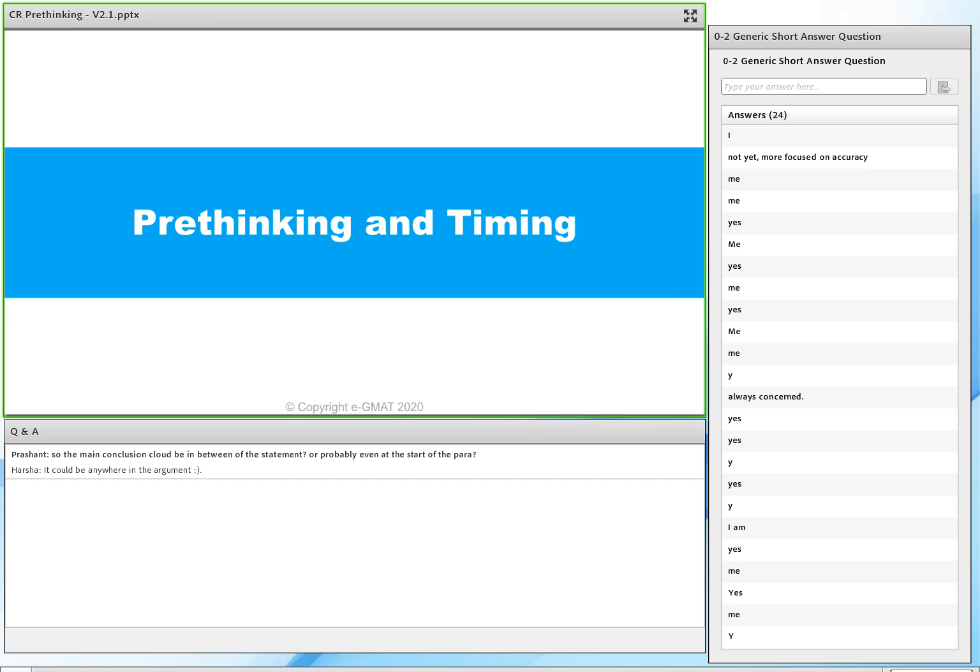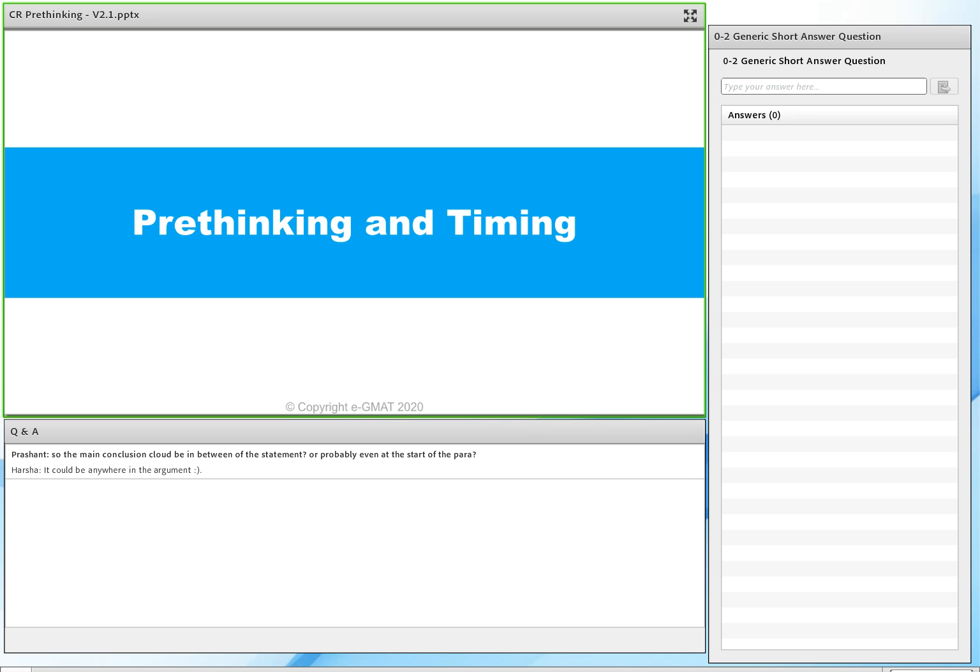The GMAT's a very different test than any test that you've seen, and just by solving questions, you can't get there. Why? Because you've got to build ability. On the other hand, if you solve fewer questions but spend more time on every question, you're going to find improvement is really, really fast.